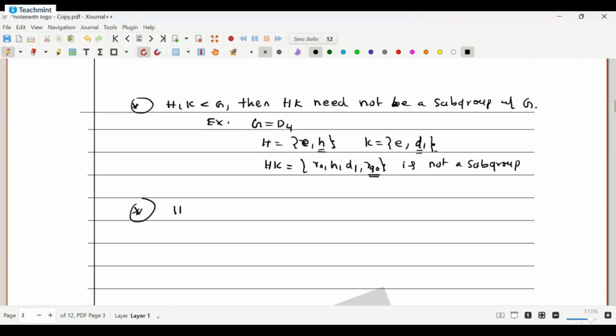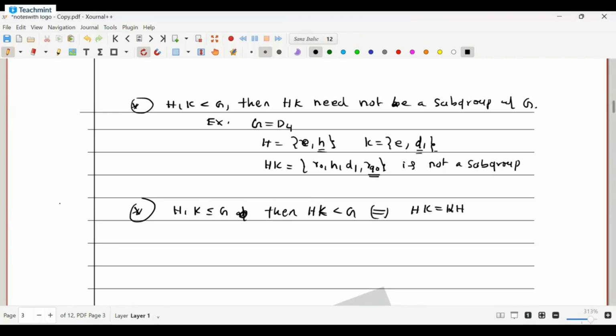So if H comma K are subgroups of a group G, then HK is also a subgroup if and only if HK is equal to KH.